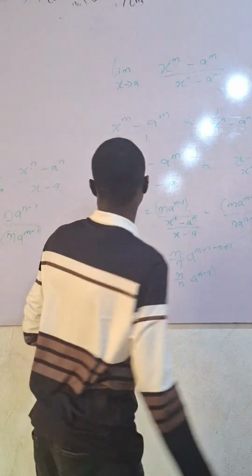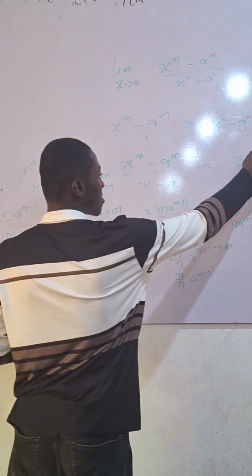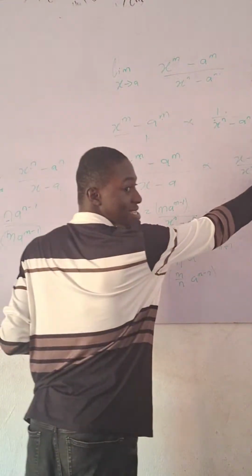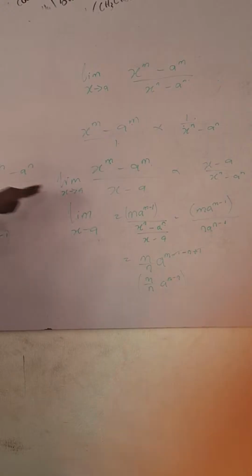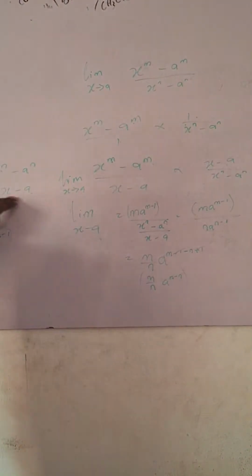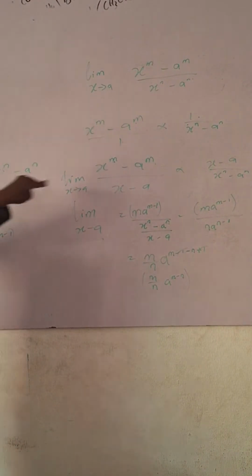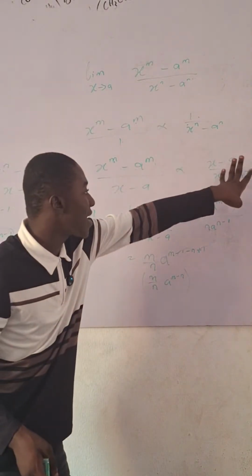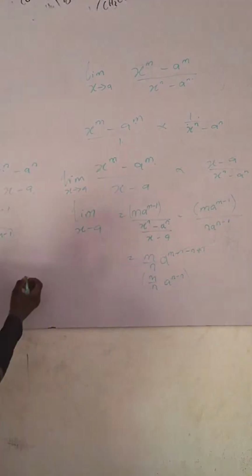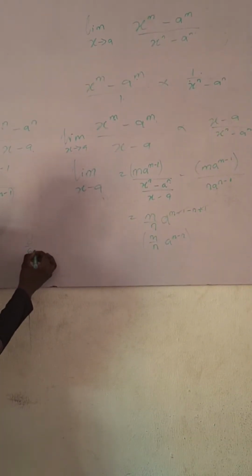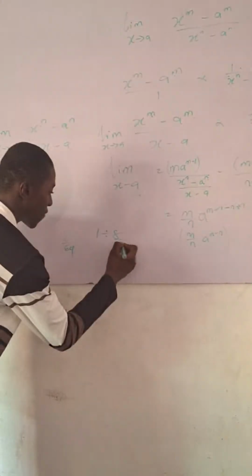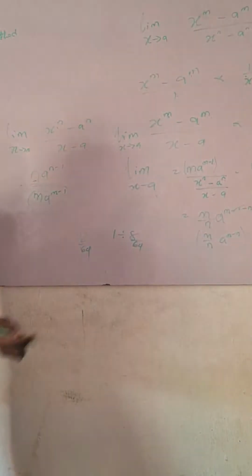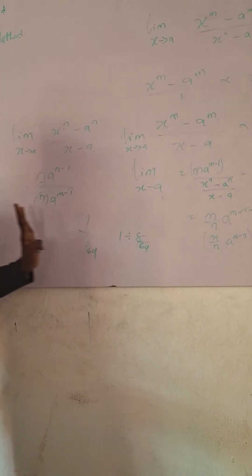But the formula is meant to look like this. x minus a is meant to be at the denominator, but in this place it is at the top. It's meant to be at the bottom. So how can I write this guy? When I have 8 over 64, I can write 8 over 64 as 1 divided by 64 over 8.